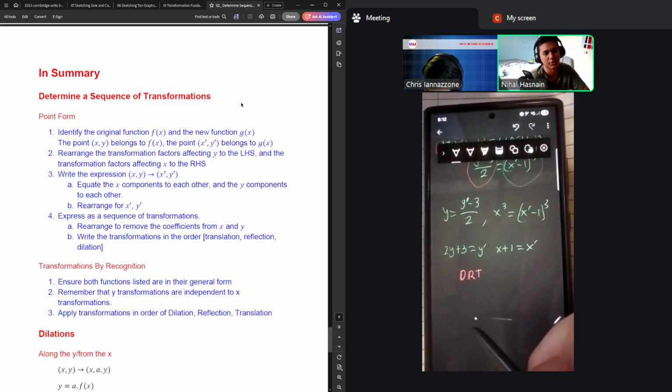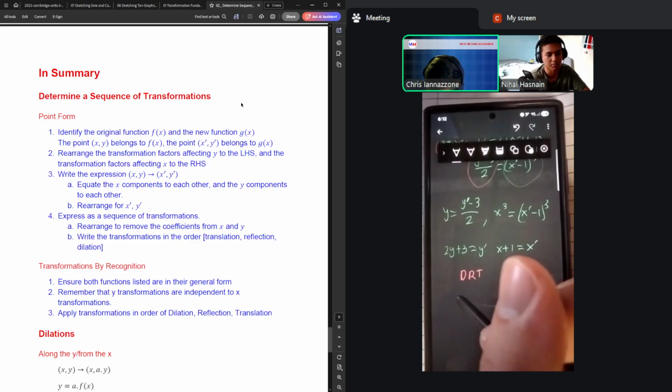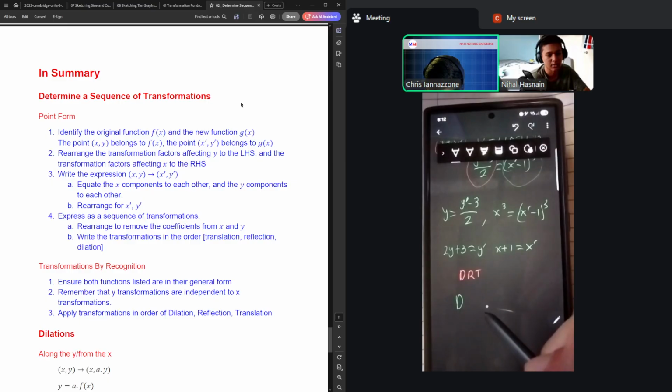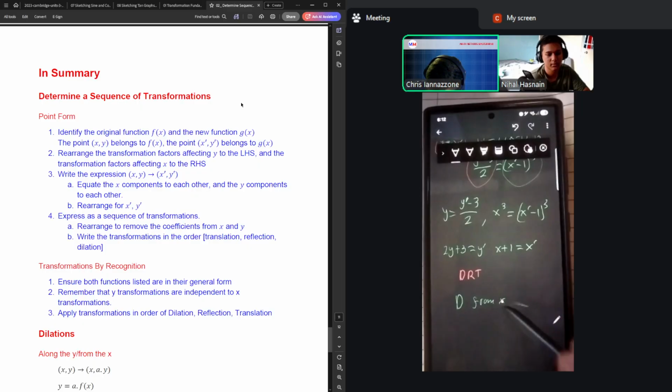So we're going to look at the dilations on x and y. Which ones, if any, do we have? There are two y's, so it's a dilation from the x-axis. Dilation from x by what factor? 2 units.